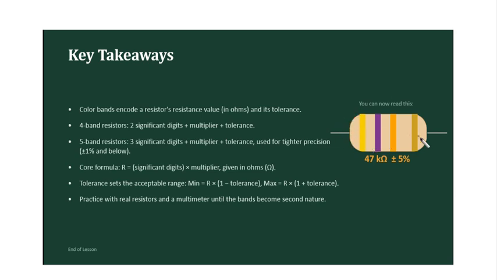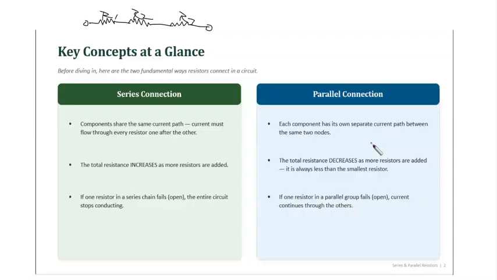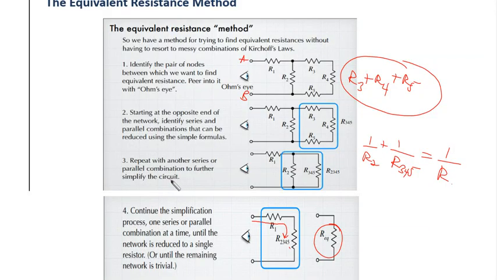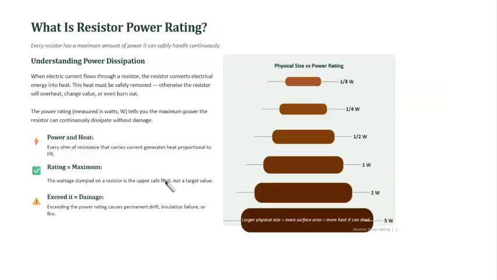It is only the size of the resistor that can let you know what the power rating is. The smaller the resistor, the smaller the power rating. And many times there is always a data sheet that can tell you the rating of that particular resistor. So what we are saying here is that that rating is a maximum power.